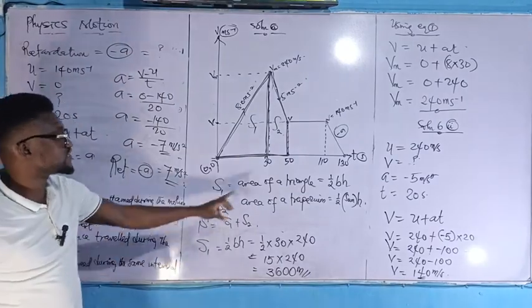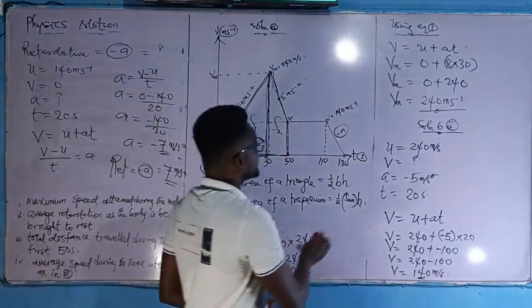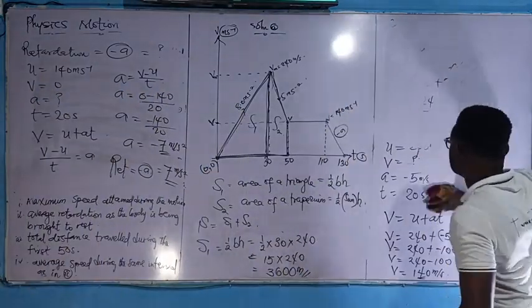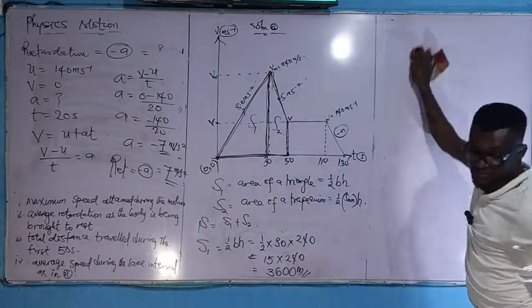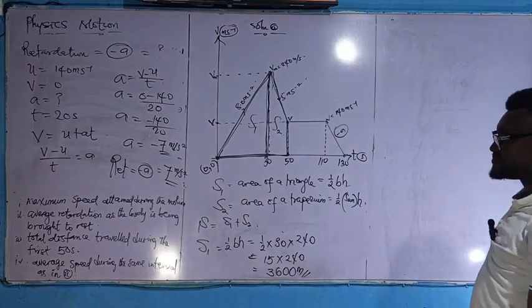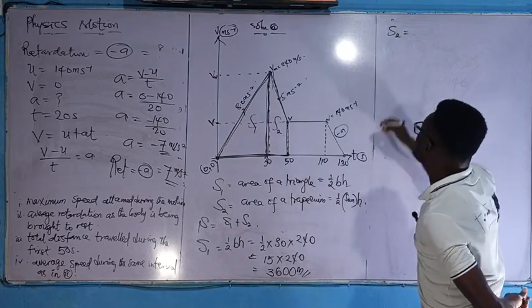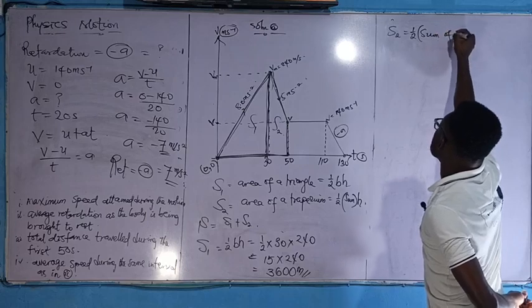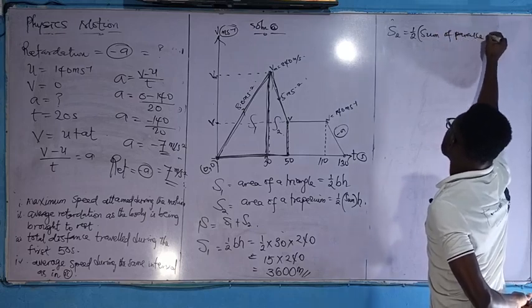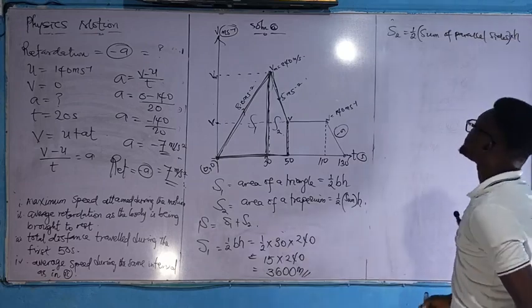The next is to get the area of the trapezium, S2. The area of a trapezium is half the sum of parallel sides, then times height.